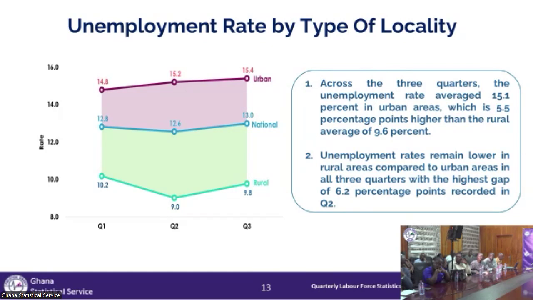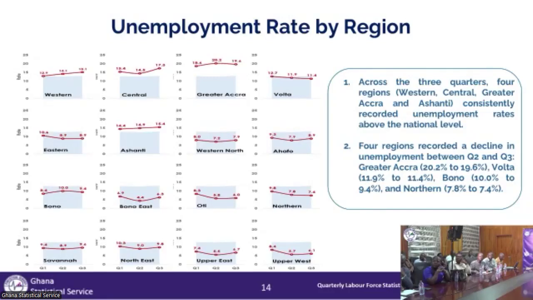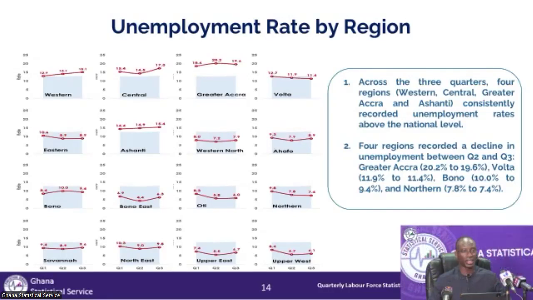Let's look at unemployment rate by region. So here we see regional disparities, and they are quite pronounced. Across the 3 quarters, 4 regions, namely Western Region, Central Region, Greater Accra Region, and Ashanti Region, consistently recorded unemployment rates above the national level.